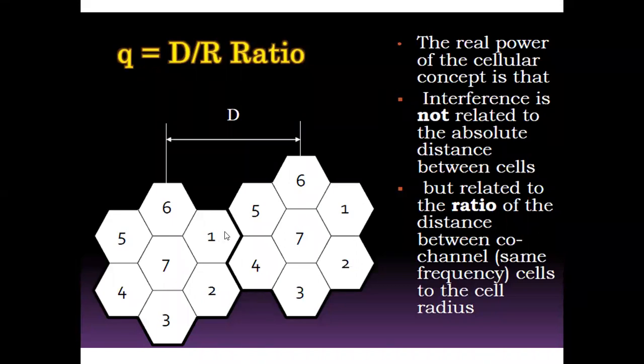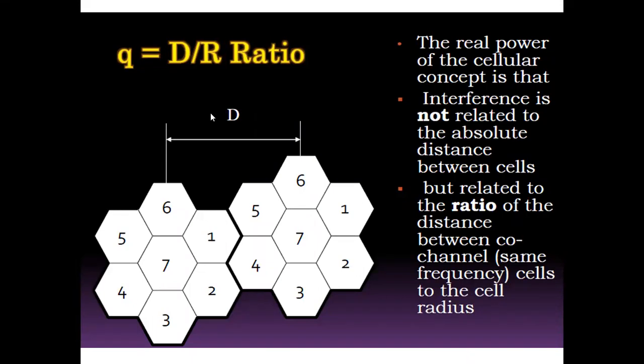So 1 1, 2 2, 3 3, 4 4, 5 5, 6 6, 7 7 in different geographical areas will work as your co-channels. Your interference is not dependent only on the absolute distance; it depends upon D, the distance between the co-channels, divided by the radius of that particular cell. So that is why Q is equal to D by R.